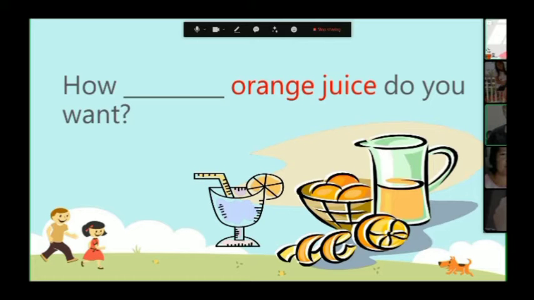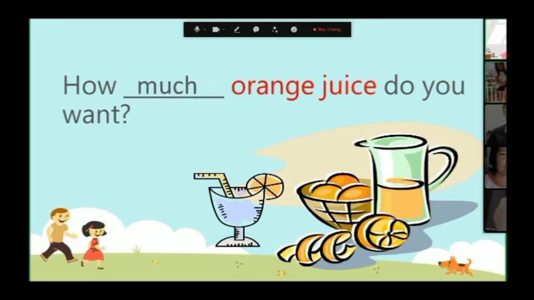Okay, can you complete these sentences using much or many? How many orange juice do you want? Is that correct? How much?